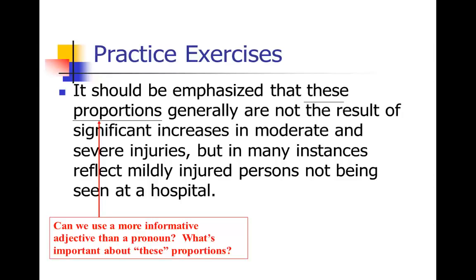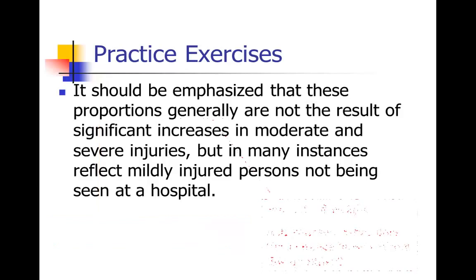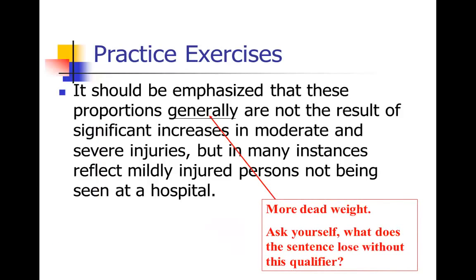So for example, I'm going to use "shifting proportions," because that reflects back what was in the earlier sentence about the shift in the proportion of moderate and severe injuries versus mild injuries. Then we keep going and we get to an adverb, "generally." Again, adverbs are generally dead weight, so you want to go ahead and nix them. Read the sentence without it. Almost always you'll see that you actually don't need it. If you get rid of it, you'll see it's really unnecessary.